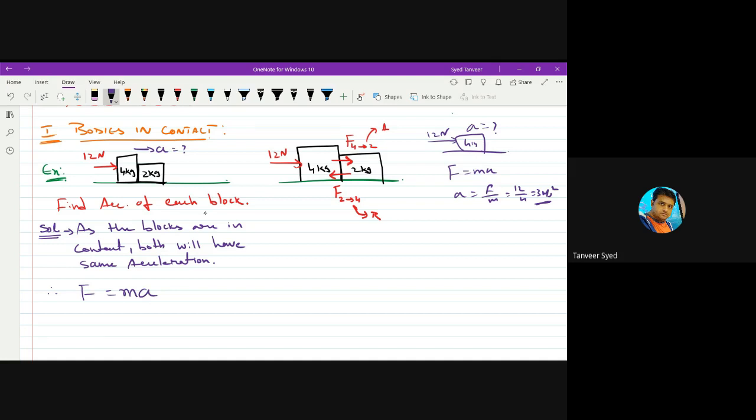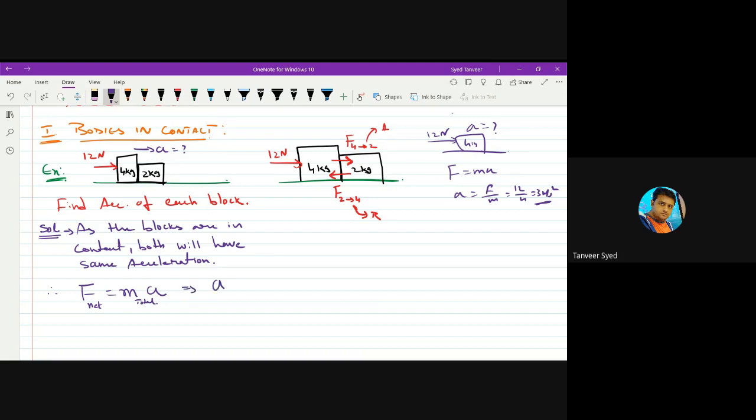To write this formula clearly in more detail, you should write it like F net equal to ma. If there are more than one body, then in place of mass, you should write total mass into acceleration. F net equal to total mass into acceleration.